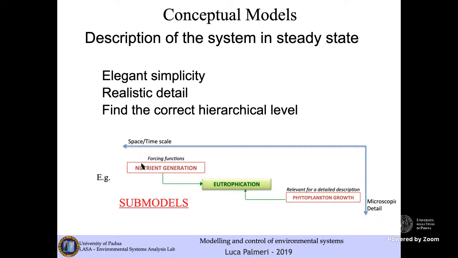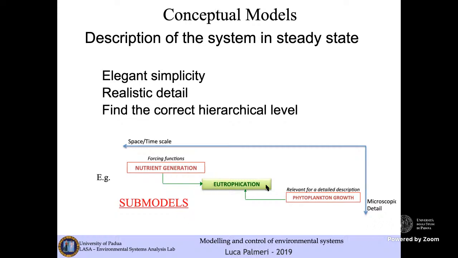but we also realize that we need to consider higher hierarchical levels. For example, in the case of eutrophication, nutrient generation may, in our language, be seen as a forcing function, the nutrient load, and this pertains to a higher hierarchical level, meaning lower spatial detail and lower time scales.